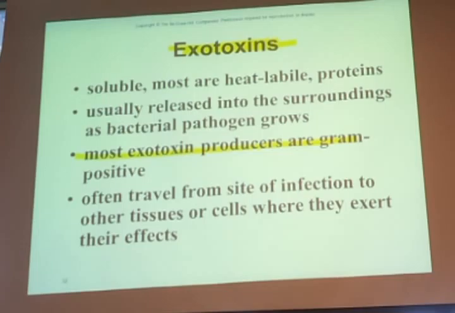Most are gram-positive organisms. The fact that they're exotoxins, they're usually released into the surrounding. So exo, they're produced and released outside. If you look at something like exoenzymes produced by, say, bacillus, maybe that could remind you. Remember how bacillus was the genus that really produced a lot of the exoenzymes.